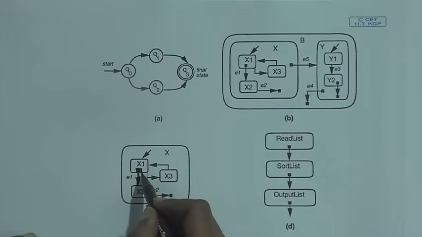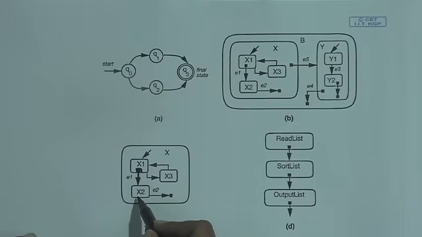That means even before completion, if E1 comes, it can come over here. This is another transition, or if these two are connected, then this means a different thing. This means that if event E1 comes and the behavior of x1 has reached completion, then only come to x2.